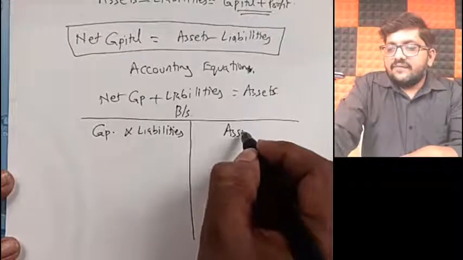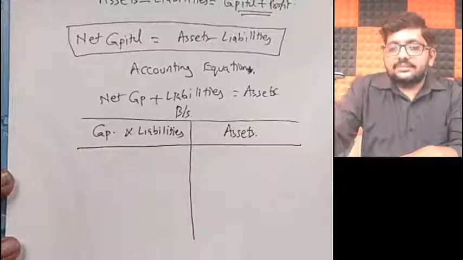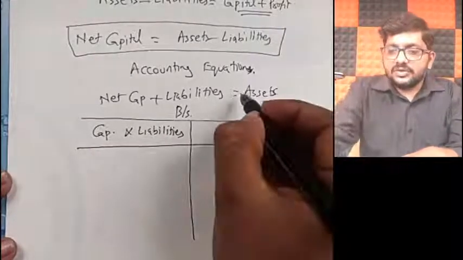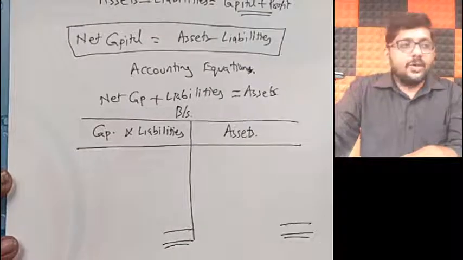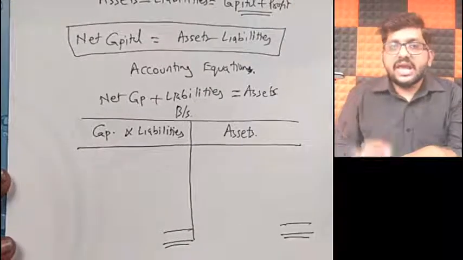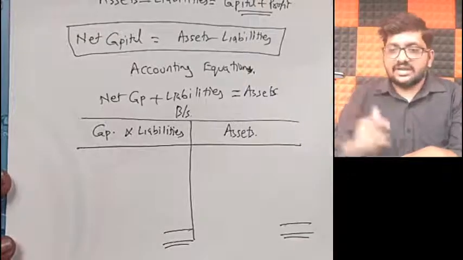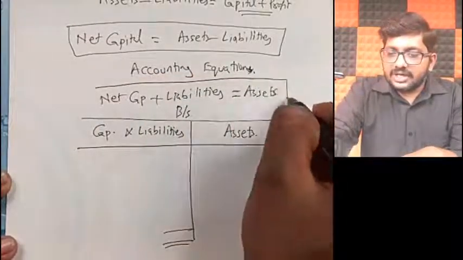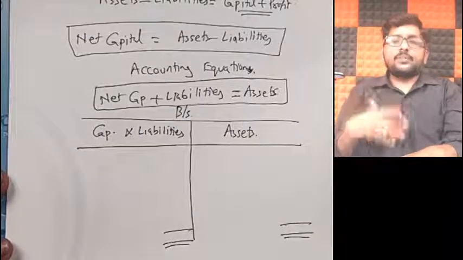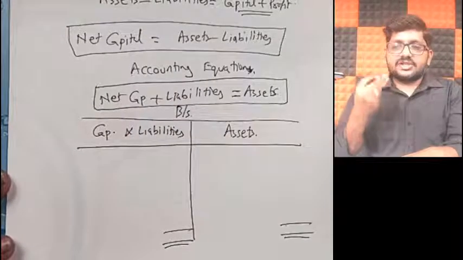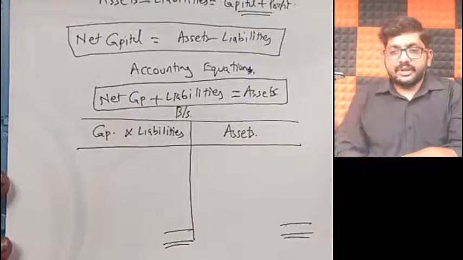Matching to that, we will take assets on the other side. Now you see, those two should be equal. Obviously, whenever you make a balance sheet, both your asset side and capital liability should be equal. So it means your balance sheet is an output of accounting equation. Based on accounting equation only, it has come out.